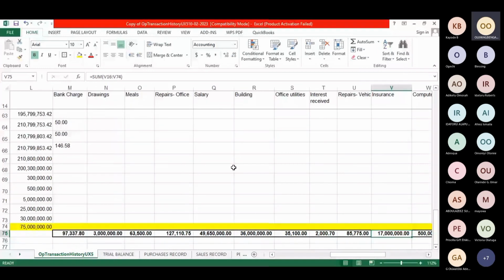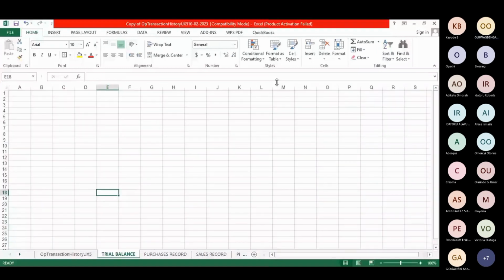And as a matter of fact, the general rule for the trial balance is that we debit all expenses, debit assets.